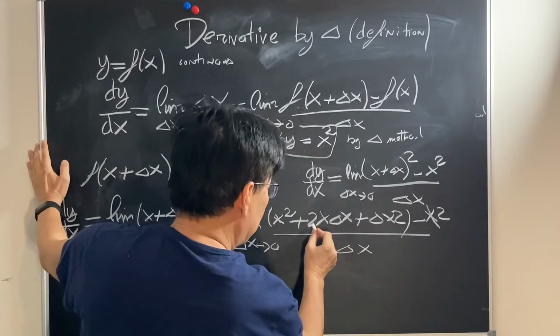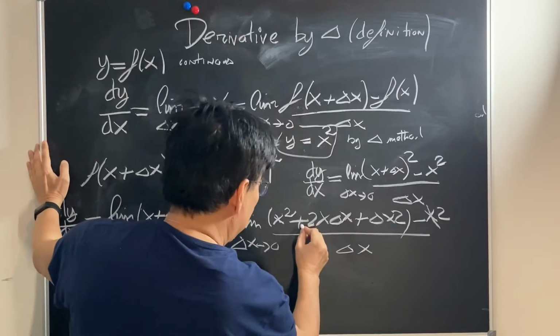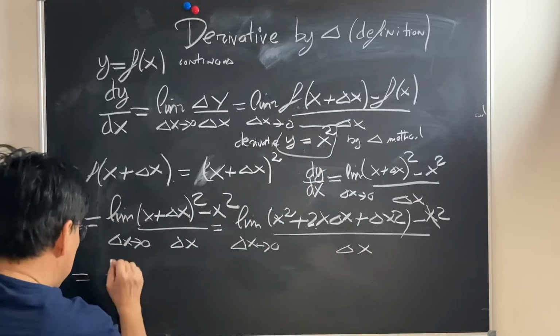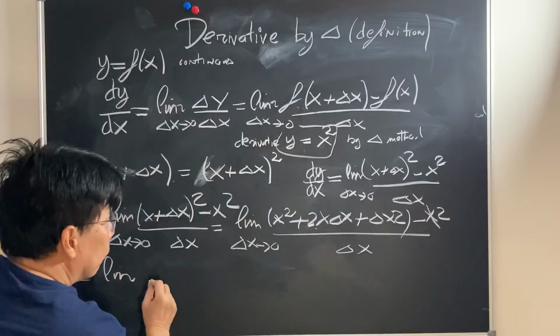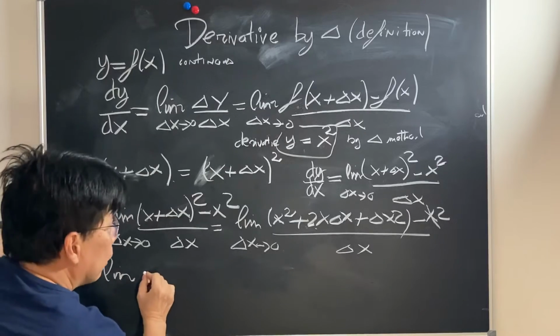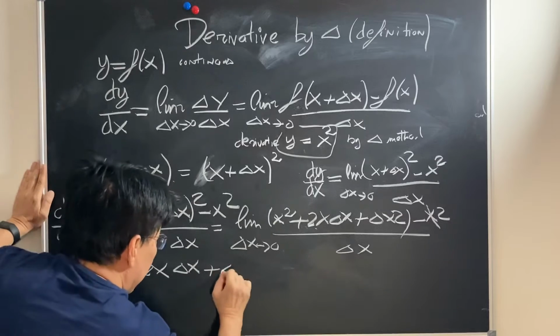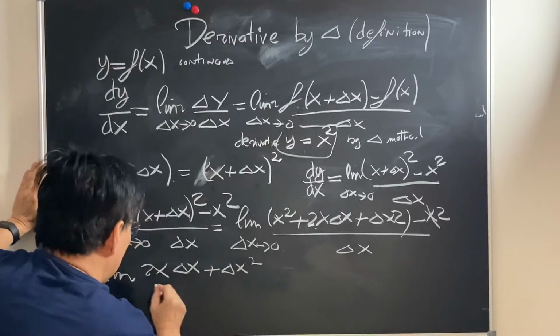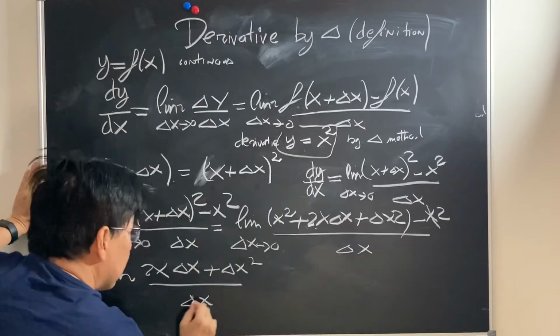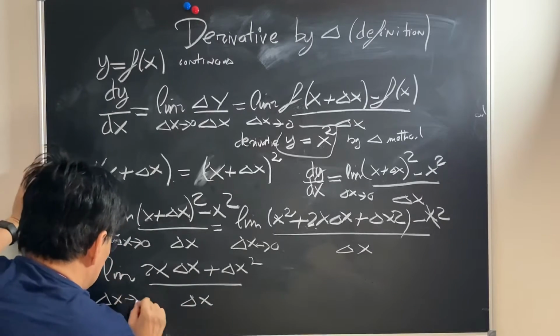So finally we have the limit of 2x delta x plus delta x squared over delta x, as delta x goes to 0.